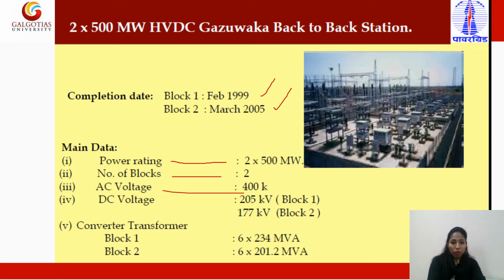AC voltage is 400 kV, and DC voltage is 205 kV for block 1, as two blocks are there. So for block 1 the voltage level is 205 kV, and 177 kV for block number 2. The converter transformer rating for block 1 is 6 into 234 MVA, and for block 2 its rating is 6 into 201.2 MVA.